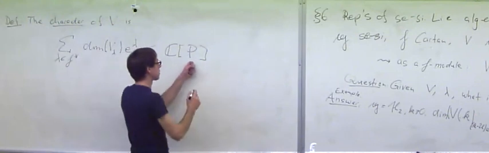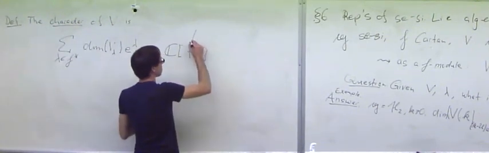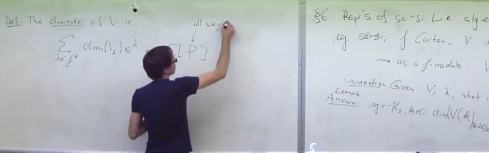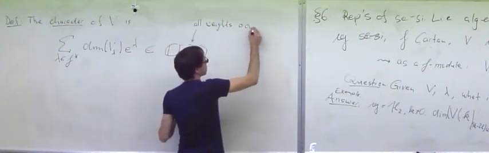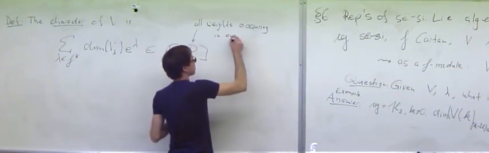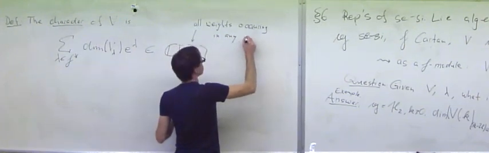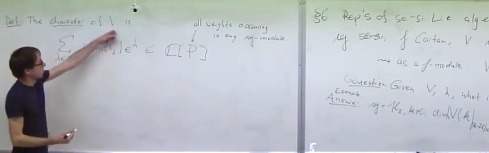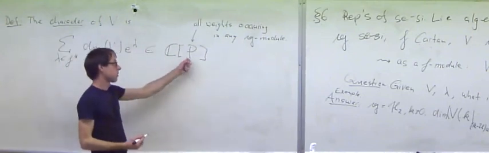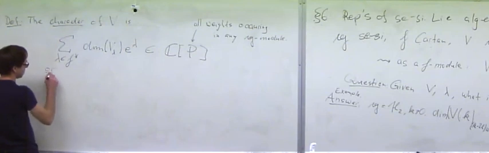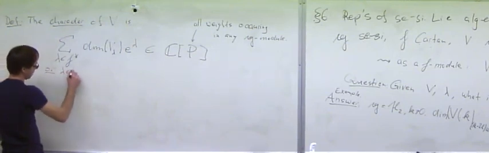Remember, P was the set of all weights occurring in any G module. So in particular, in this one we chose, there won't be other weights occurring than the ones in P. So I can also just write the sum over lambda in P.